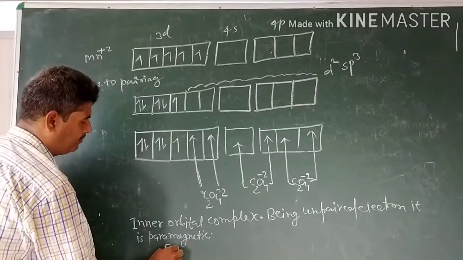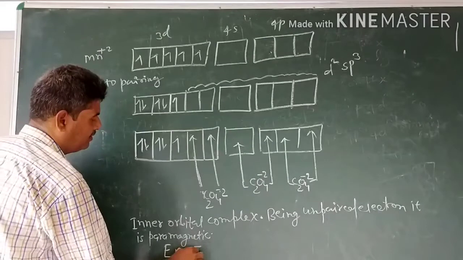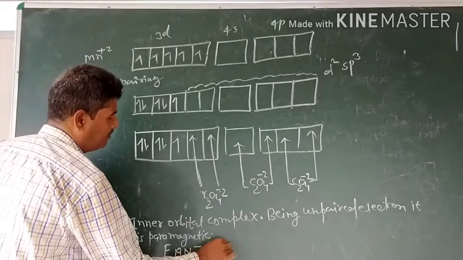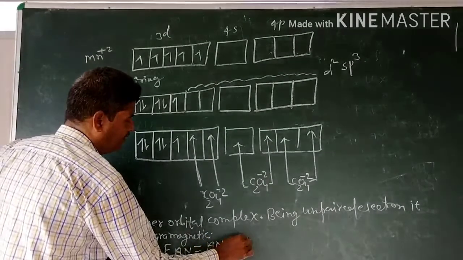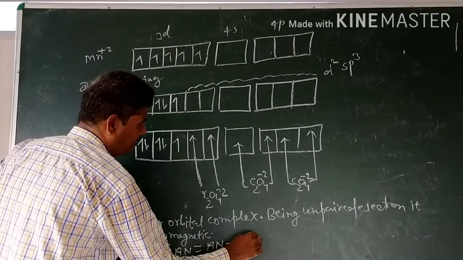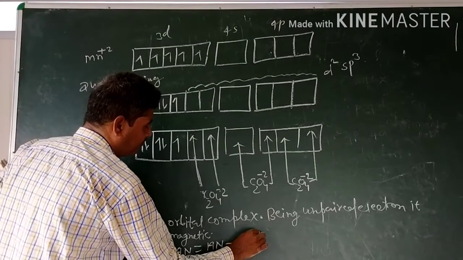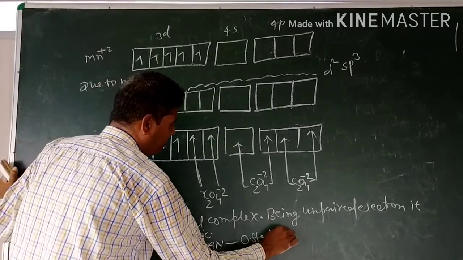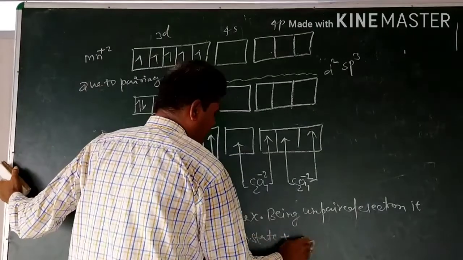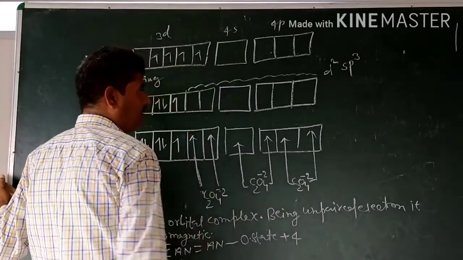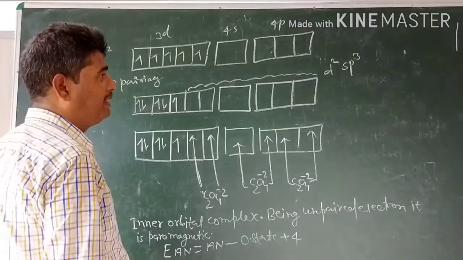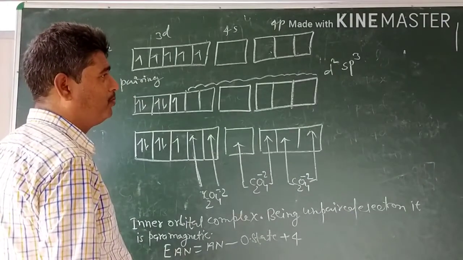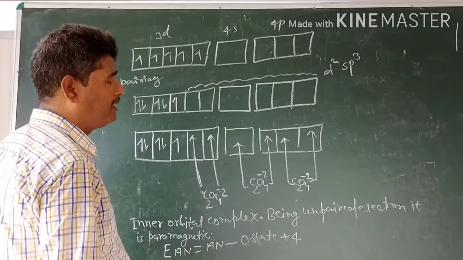Effective atomic number equals atomic number minus oxidation state plus 4 times the number of bidentate ligands. Oxalate is a bidentate ligand that forms 2 coordinate bonds alone.